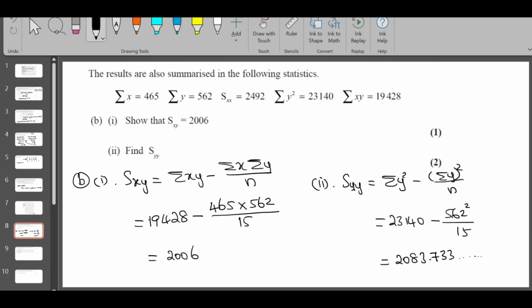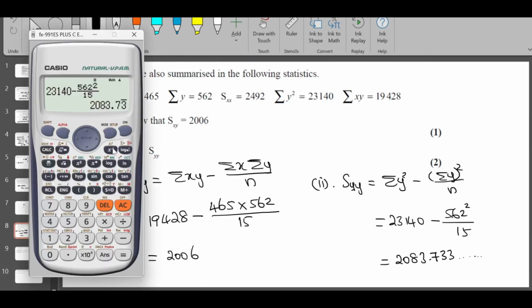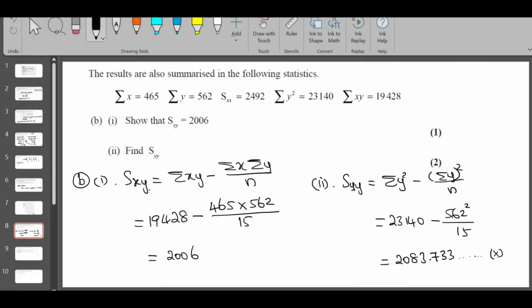That is 2083.7333. We might need this value later. So I'm going to store this value as X. I'll put a little reference here, X. Let's move on to the next part.